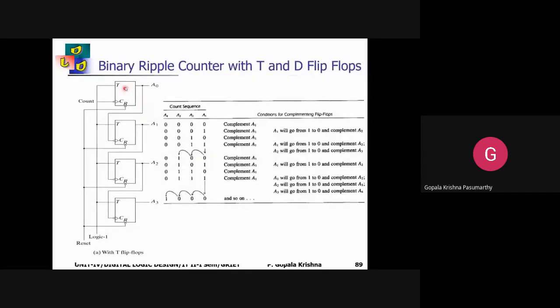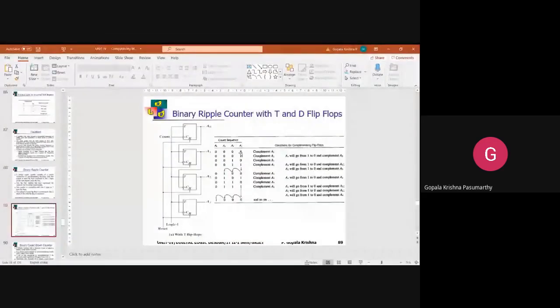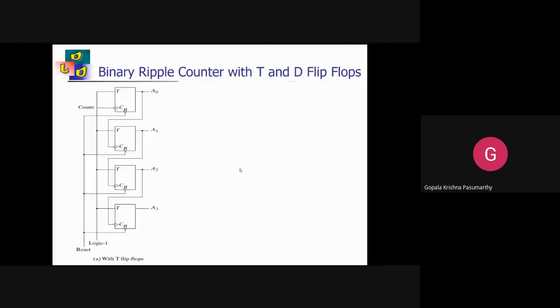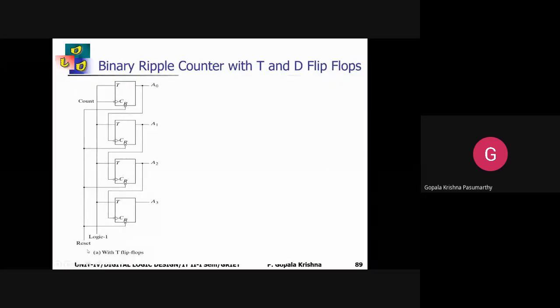The first thing you have to be clear about from this diagram is very simple: this is not having a common clock. Since this diagram does not have a common clock, we assume that it is a ripple counter. Is it clear or not?